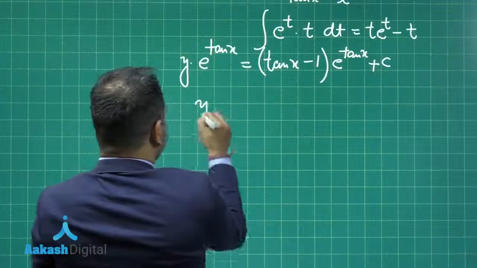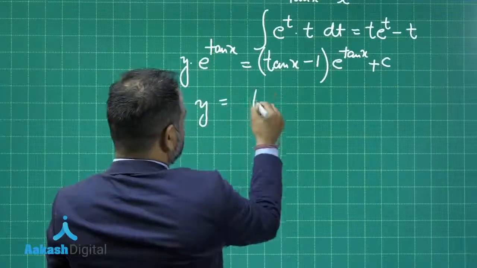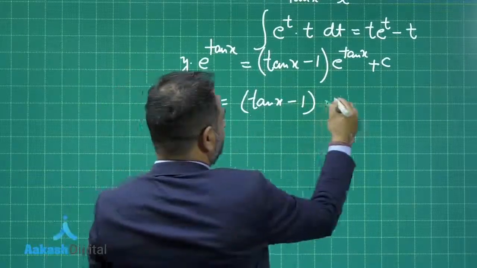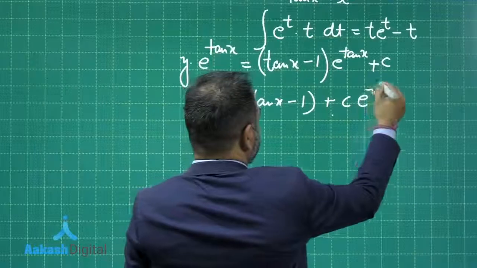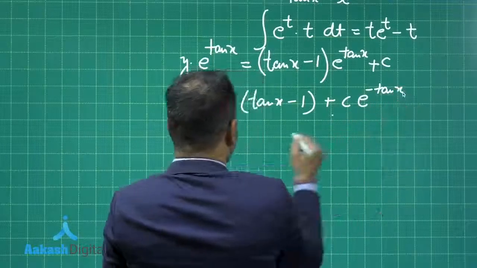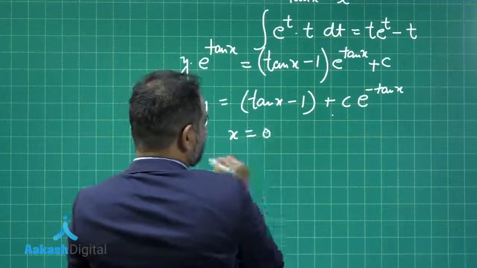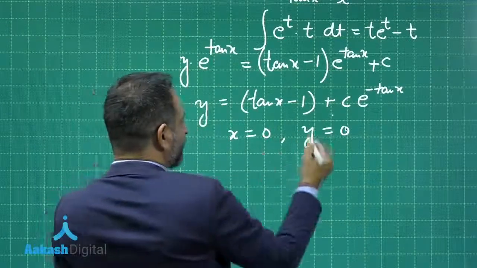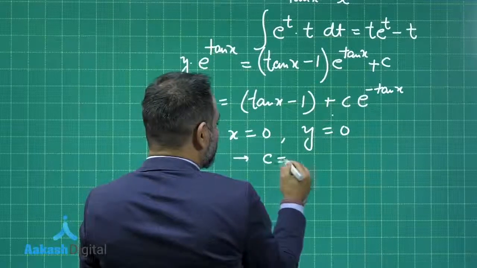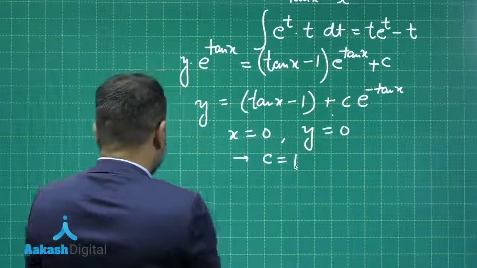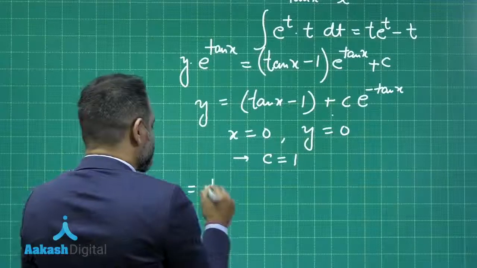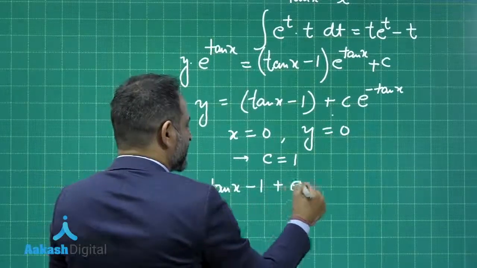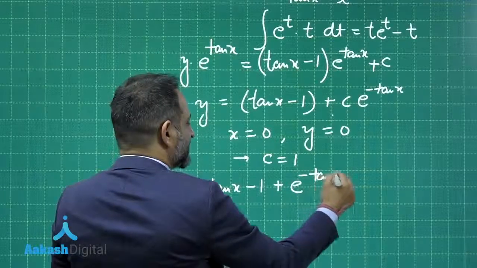Simplifying again, I am writing this as this plus c e raised to the power minus tan x. Now, by putting x equal to 0, we have y 0, it is given to us. So, from here c will be equal to 1. So, finally, we have y is equal to tan x minus 1 plus e raised to the power minus tan x.